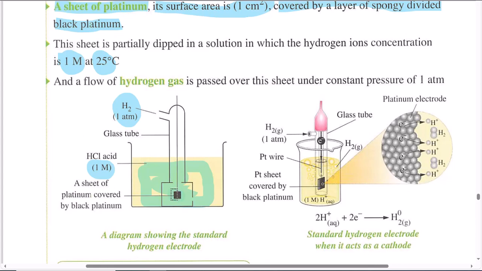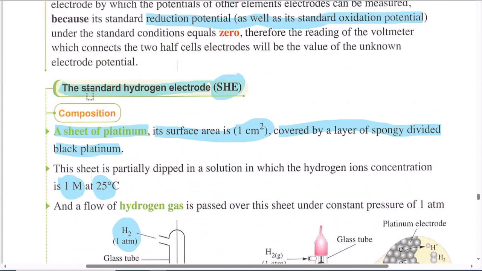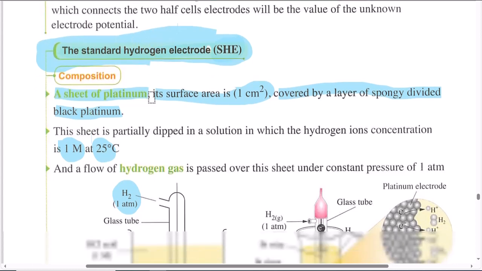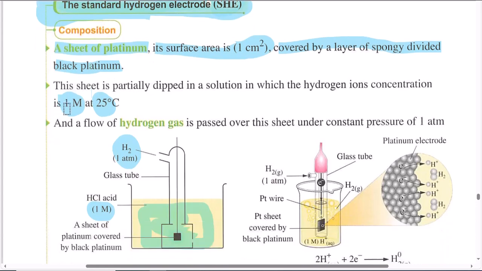So the standard hydrogen electrode is an electrode with very specified conditions and composition: an electrolyte solution of 1 molar, a temperature of 25 degrees Celsius, and a flow of hydrogen gas over this sheet at a partial pressure of 1 atmosphere.